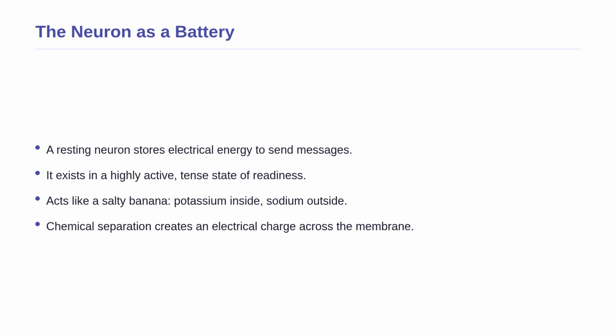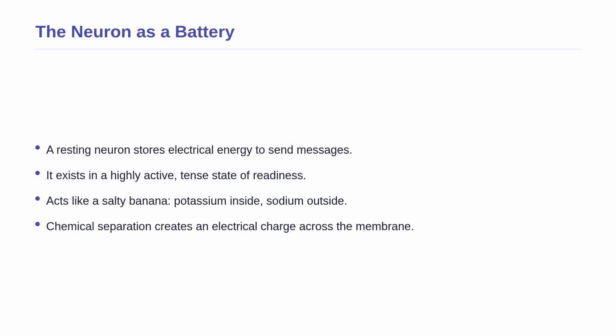To begin our journey, let us imagine a tiny microscopic battery floating inside your brain. Just like the battery in your smartphone stores energy to power the screen, a neuron stores electrical energy to send messages. When a neuron is just sitting there, not sending any signals, we say it is at rest. But this rest is not a lazy state.